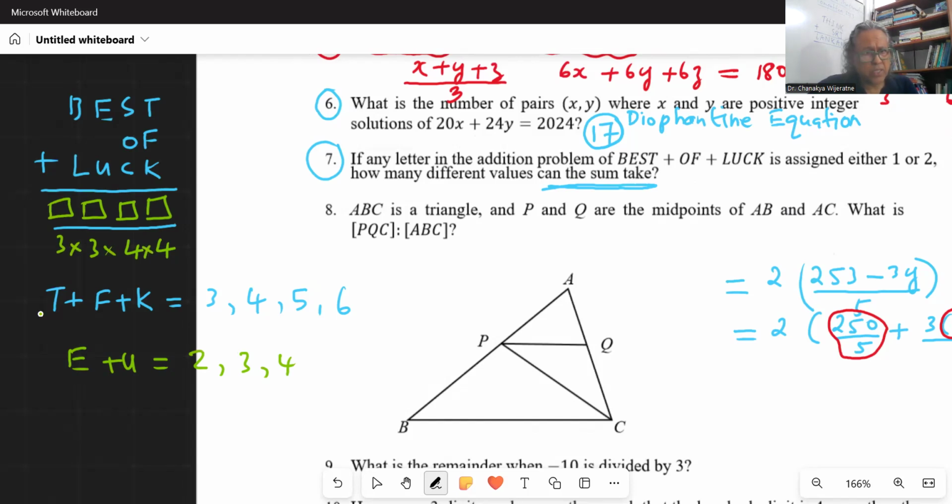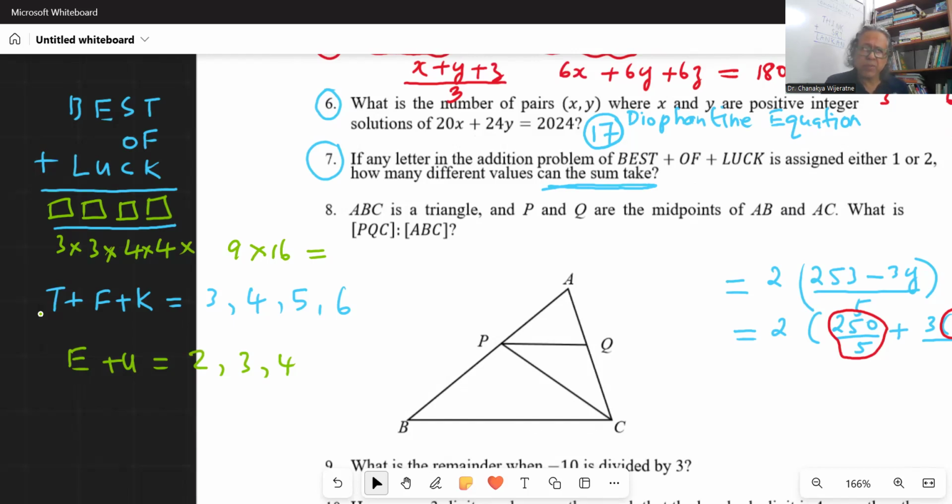So it is 9 times 16, right? By the multiplication principle, you know that, right? If you do not know, you learn it.